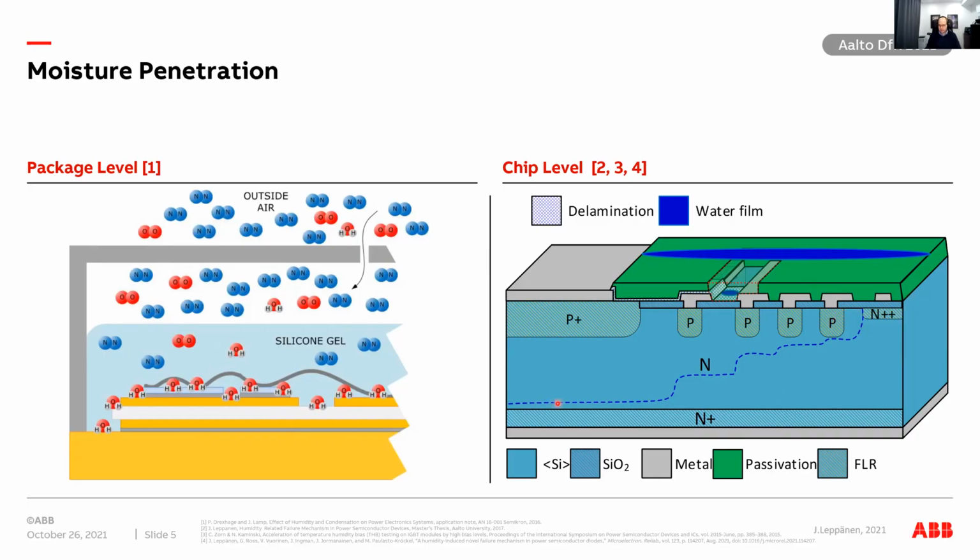You can see this blue dashed line here. It is the depletion region boundary of this PN junction. With these P-type wells and these metallic plugs, we can dimension the electric field so that it will terminate towards the edge, and then we can have a field stop structure here on the edge with a floating metal field plate on top of it.